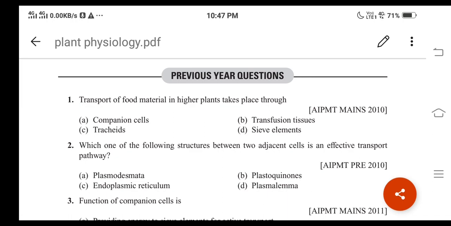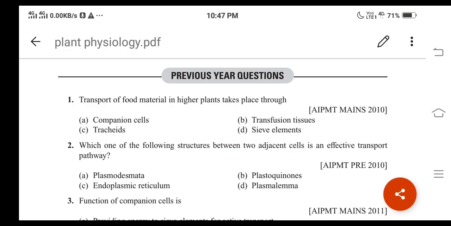In pteridophytes and gymnosperms, sieve cells will conduct the food material, but in flowering plants sieve tubes will be there. These are commonly called sieve elements. So option D, sieve elements, is the correct answer.